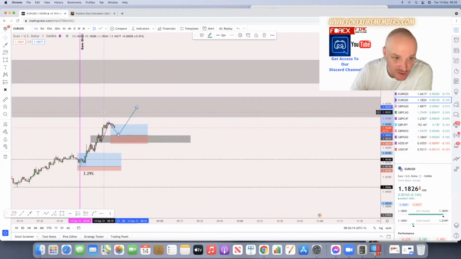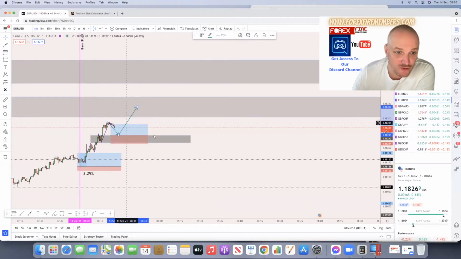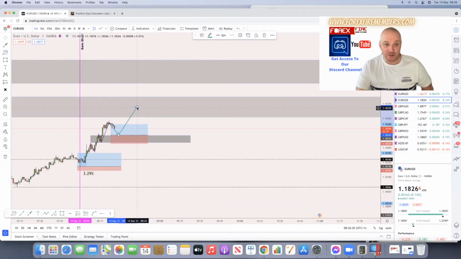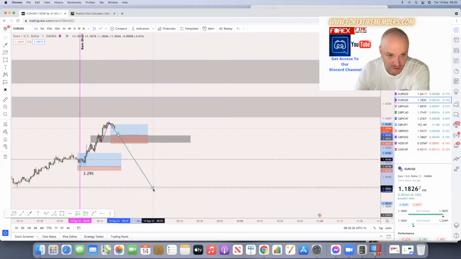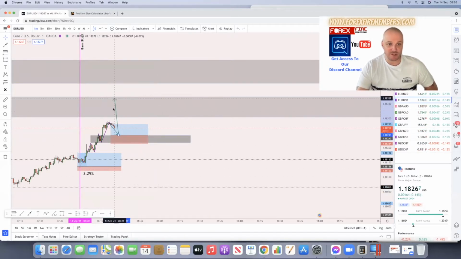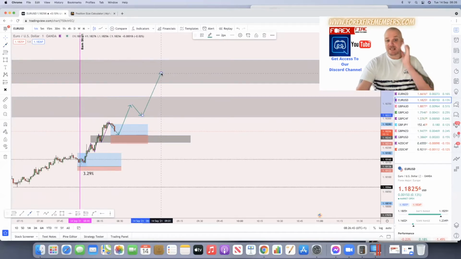Now, if we do get this continuation and trend, there is a likelihood once we hit this area, one of two things is going to happen. We are going to see a reversal down, because this is where the higher price mitigation needs to play out, because nothing's being mitigated in here, or we'll get a continuation like this, making another lower high and eventually playing up into this area.